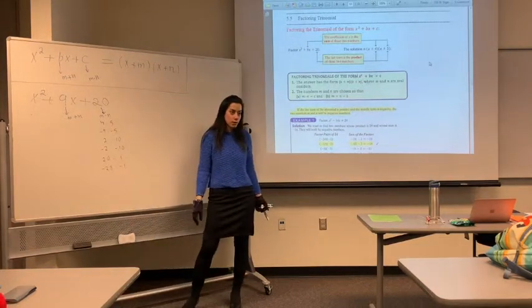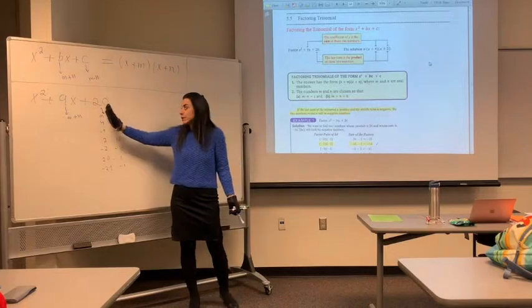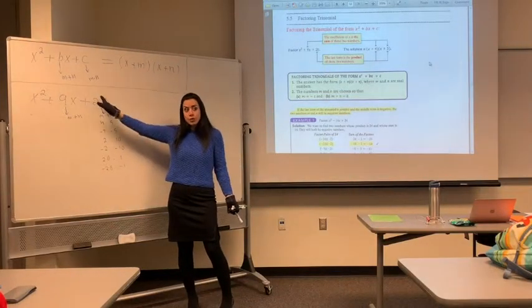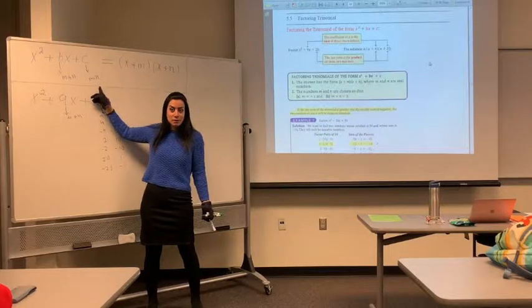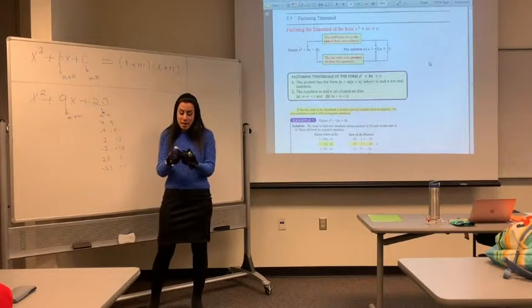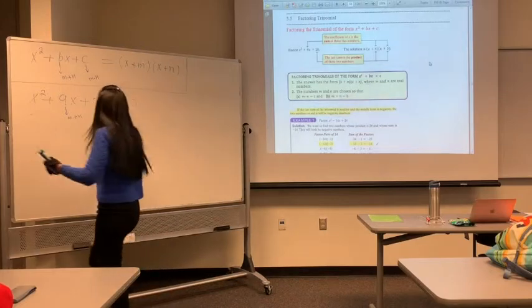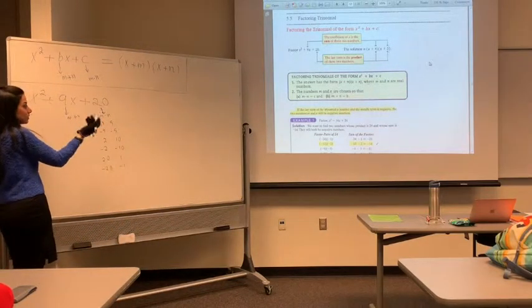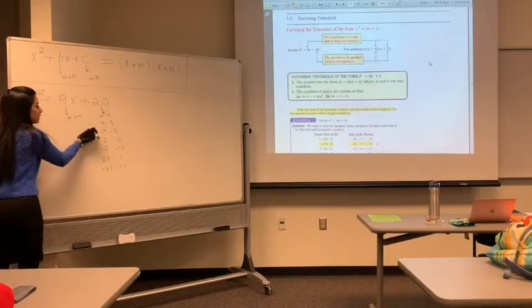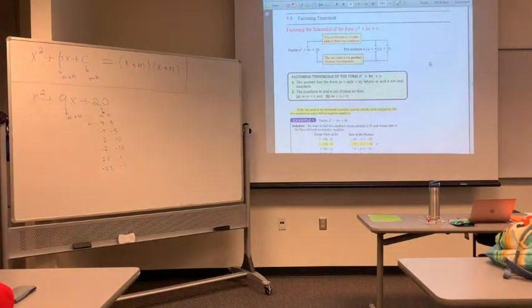Correct? So as you see, I started with C, meaning 20. I started with M multiply N, right? And now, for each of these assumptions, M and N, I will add them.